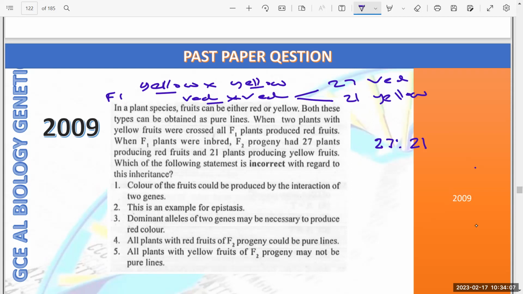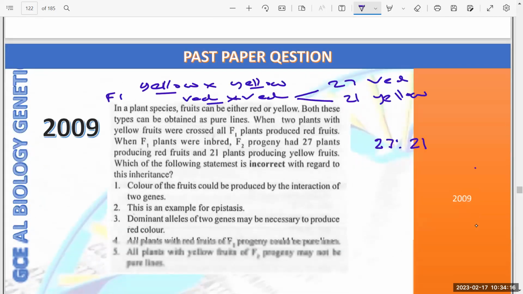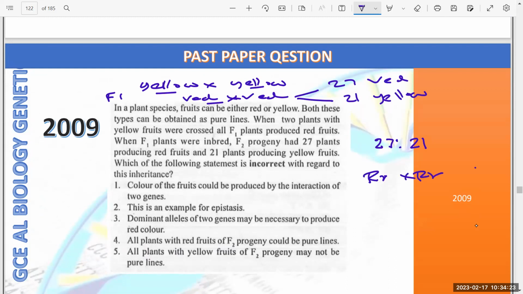It's not a dihybrid, it's one phenotype. So in Mendelian genetics, with one phenotype, it would be like capital R, small r, capital R, small r, this combination, because it's only a monohybrid cross. Because it's only red and yellow, and we have no idea which is dominant and which is recessive. All it says is that they can be obtained as a pure line.